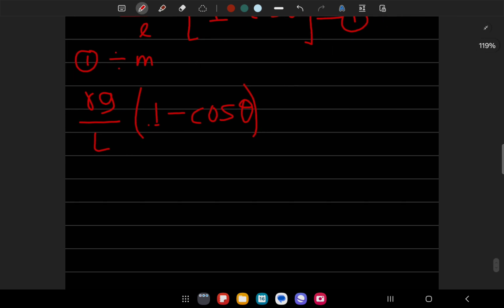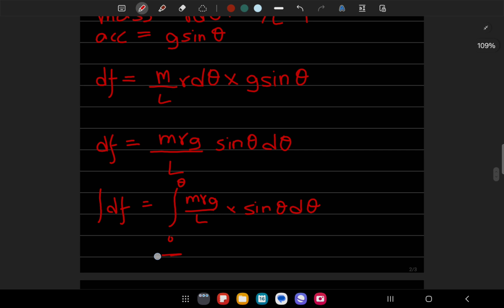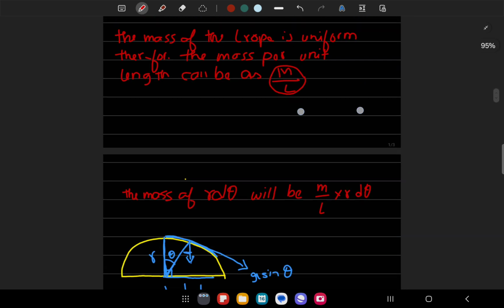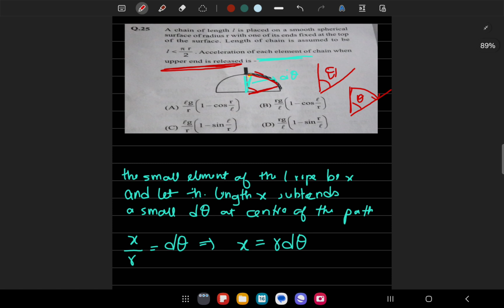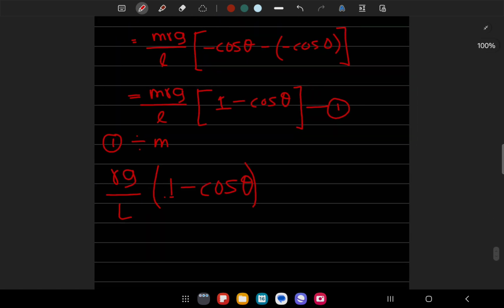We are very close to the answer now. While talking about the limits, it is just moving by an angular distance theta. We can represent theta using the arc length formula: theta is equal to L by R, the length of the rope divided by the radius of the circular path.